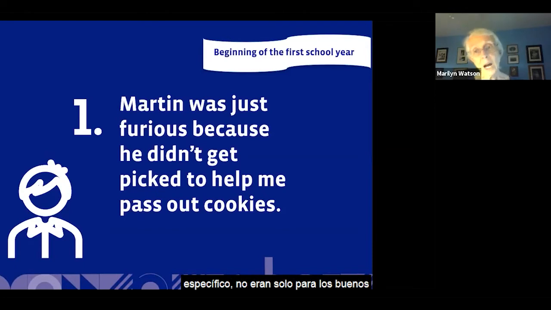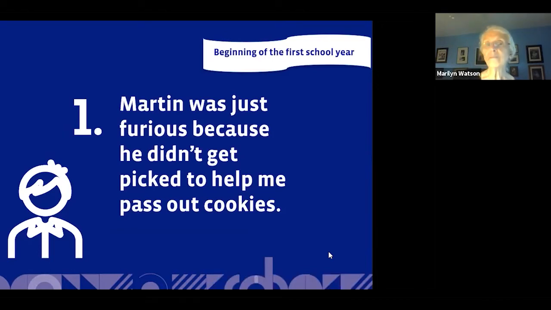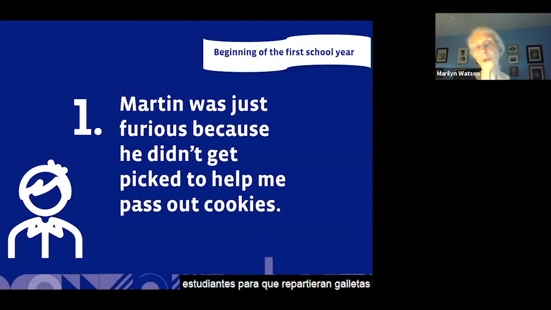They were not a prize. They did not go just to the good kids or the quiet kids. They went to everyone. And she would have students help her do these various activities, one of which was to pass out the cookies. So on this particular day, she chose a couple of students to pass out the cookies.